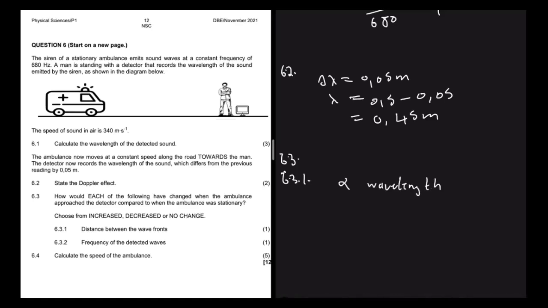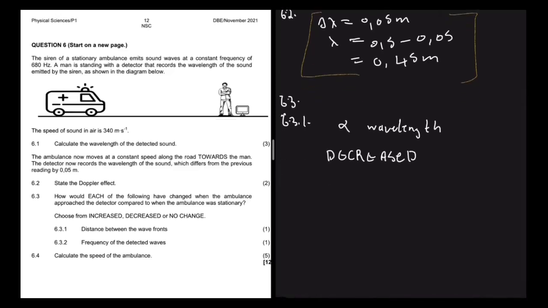And I've already shown you that the wavelength will go down when the sound source is moving towards the listener. So for 6.3.1, we'll have decreased, because the options we have are increase, decrease, or no change. So the distance between the wave fronts decreased.